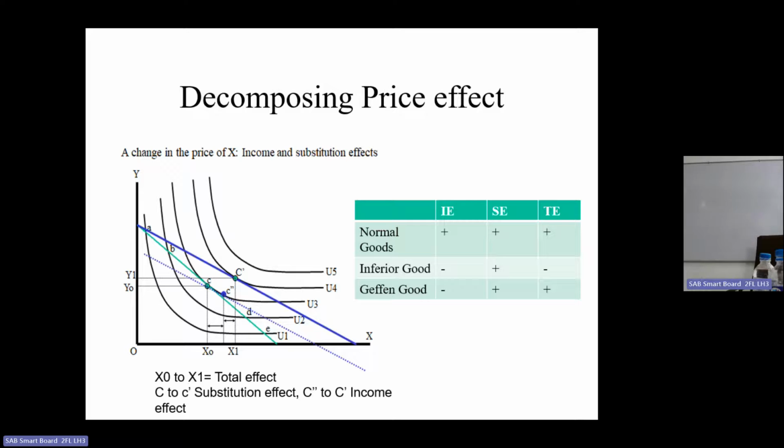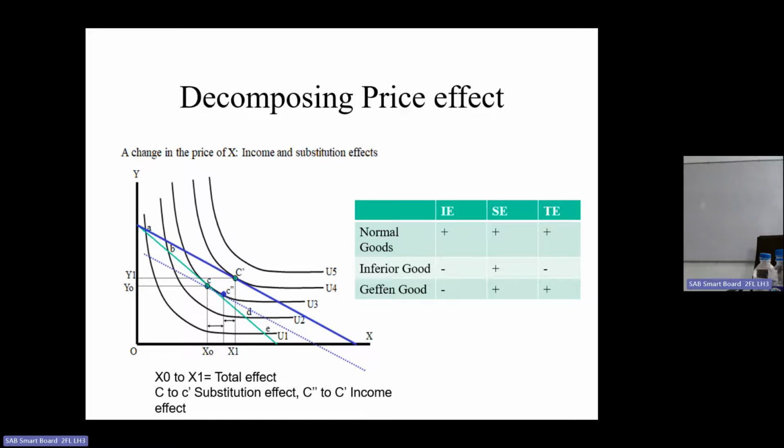There can be different combinations that the consumer can perceive based on different income levels. So there can be different indifference curves. But now our constraint is the budget.